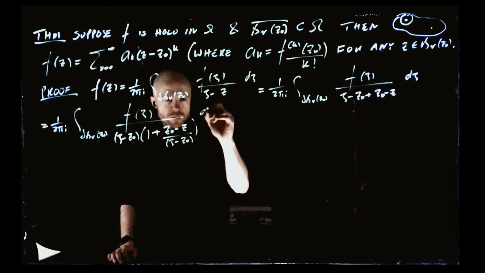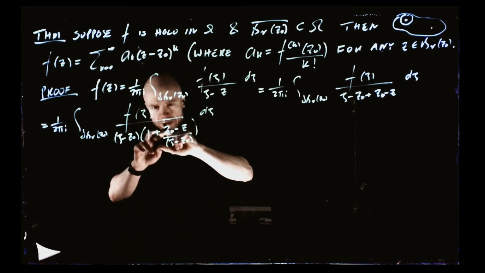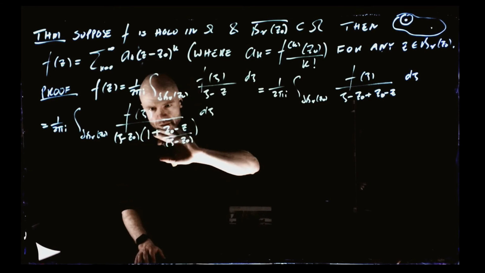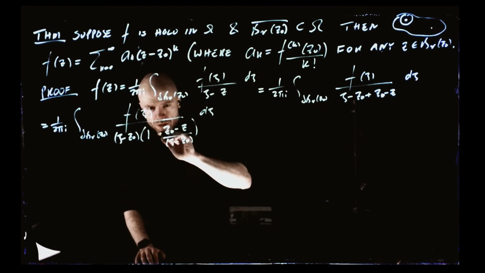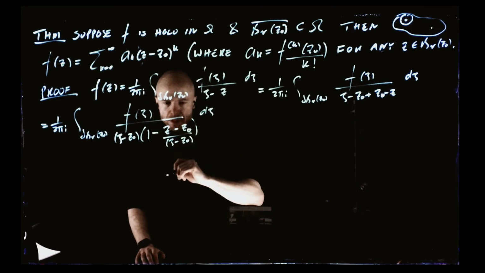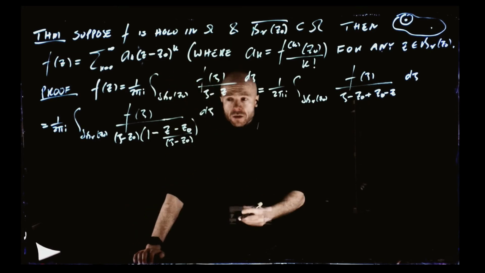Yeah, just doing some algebra here. And now let's write this as minus minus so that we can write z minus z0. So if we do that, then this becomes like this.